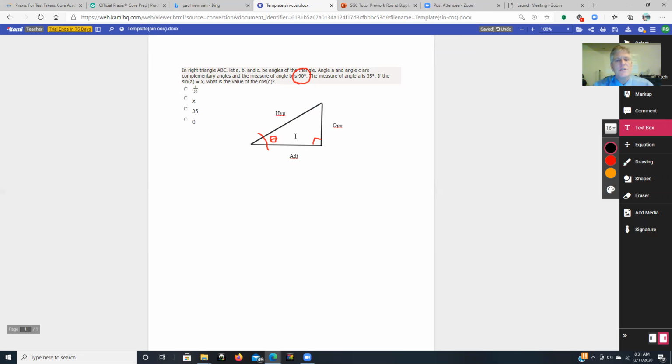Now, there's a relationship between these sides. We are going to talk about sine and cosine today. I'm going to talk about this little phrase that everybody seems to use, SOHCAHTOA.